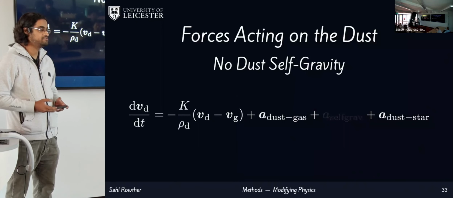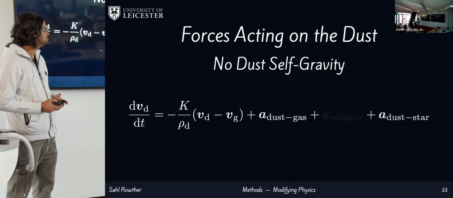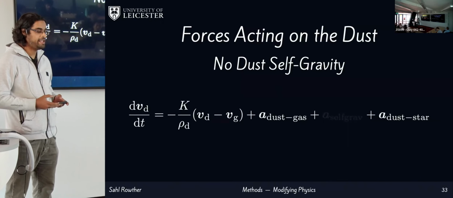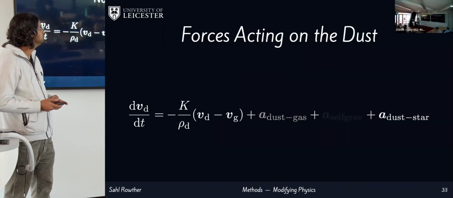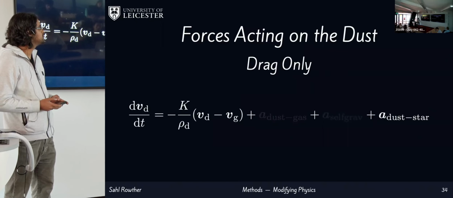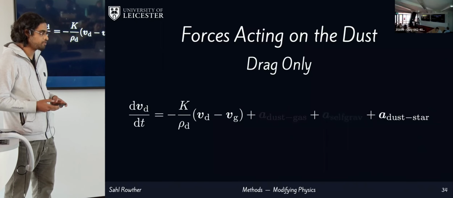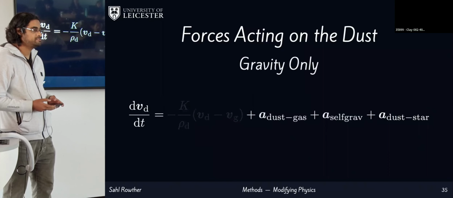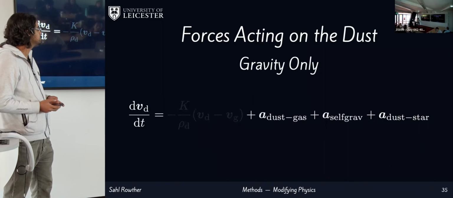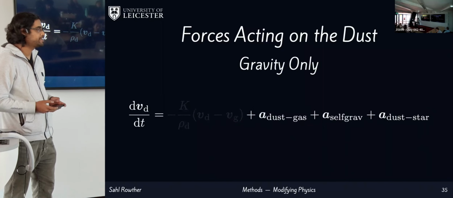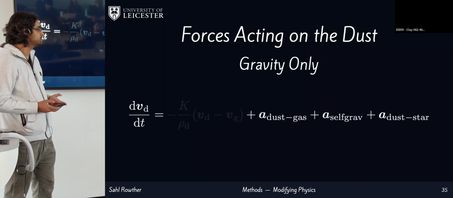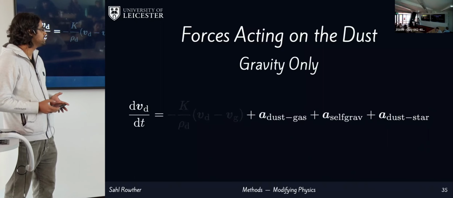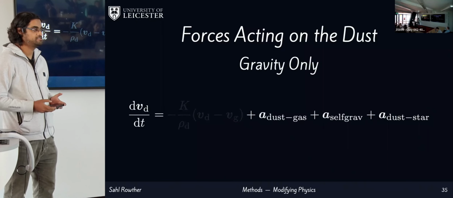When dust self-gravity is turned off, the self-gravity term is not considered anymore. When the dust only feels drag, the middle two terms are not considered. And when the dust only feels the gravity of gas and dust, we don't include the drag term. So in all four simulations, the only constant is the acceleration from the star.